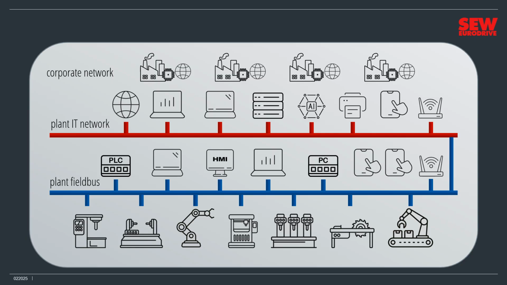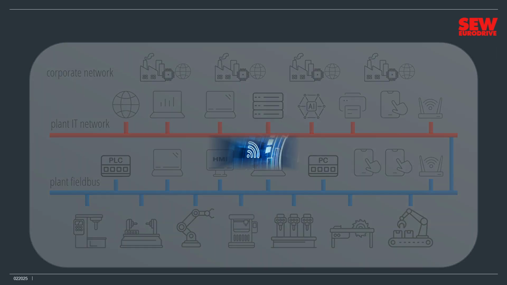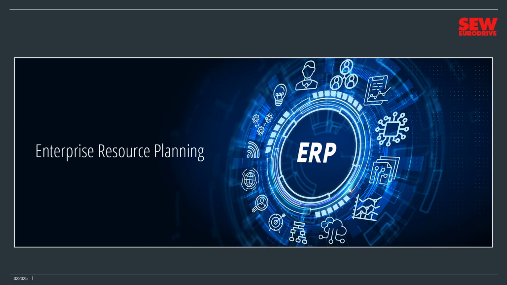In theory, at least, anyone within the company should be able to communicate with any other device on the network. Corporate enterprise resource planning software can integrate with and oversee the entire operation. That's the point of such thorough connectivity and the basis of Industry 4.0.